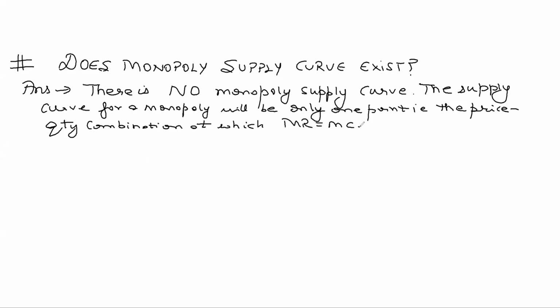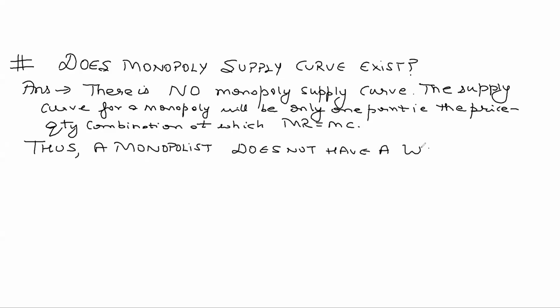So the monopolist will simply supply what is demanded, and what will be demanded? That quantity will be demanded at which MR is equal to MC. So I can say a monopolist does not have a well-defined supply curve.